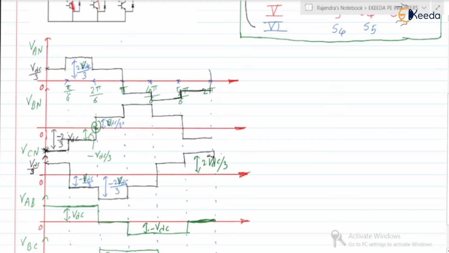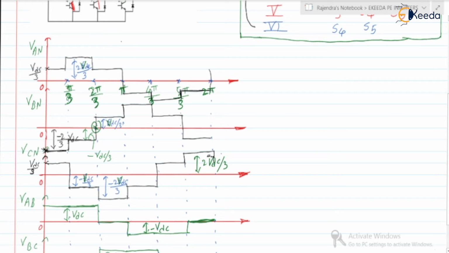Each interval is of 60 degrees: 0 to pi by 3, then 2 pi by 3, then pi, then 4 pi by 3, then 5 pi by 3, and after that 2 pi.